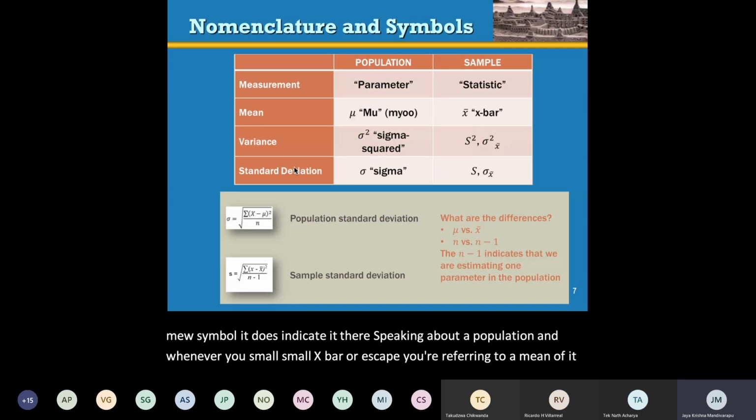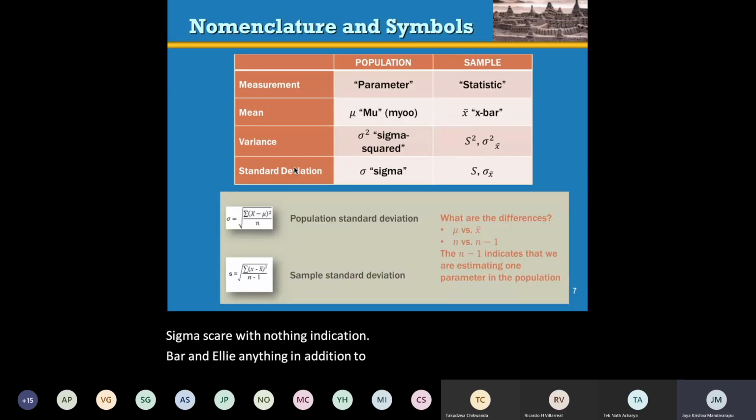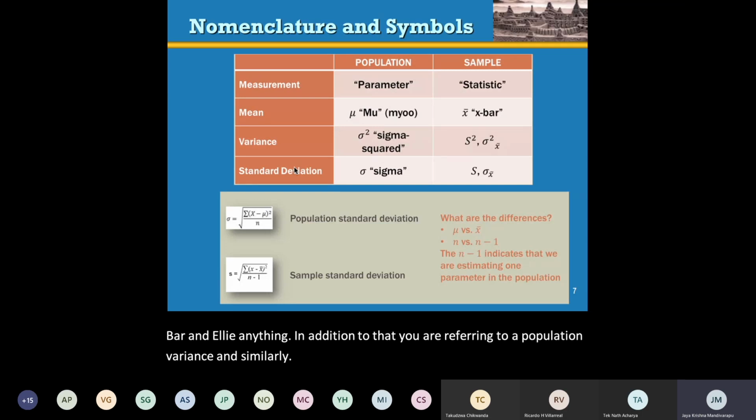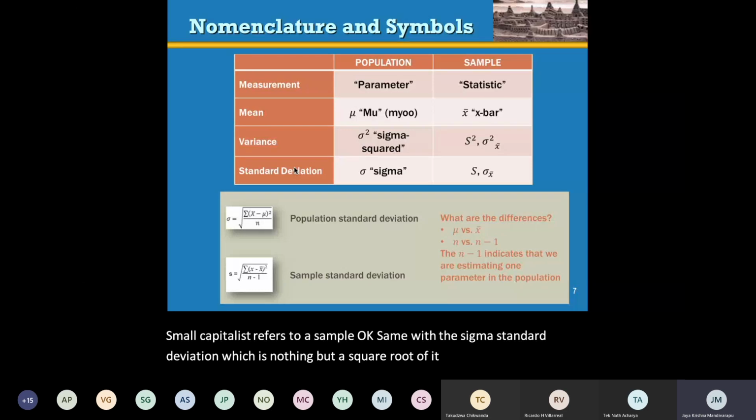Similarly with respect to variance, whenever you see sigma squared with no bar or anything in addition to it, you are referring to a population variance, and similarly small s refers to a sample. Same with sigma, the standard deviation, which is nothing but the square root of the variance.